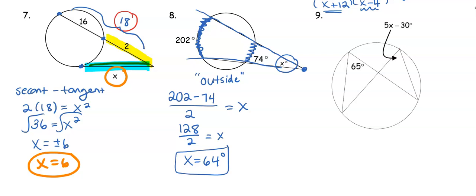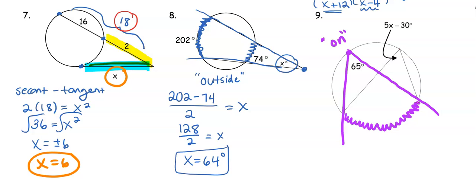Our last one here, this is an extension of our inscribed angle theorem. When I'm looking here, this vertex is on the circle, and as I follow that up, the intercepted arc is right here. So if that's 65, I multiply that by 2, and this arc is 130.